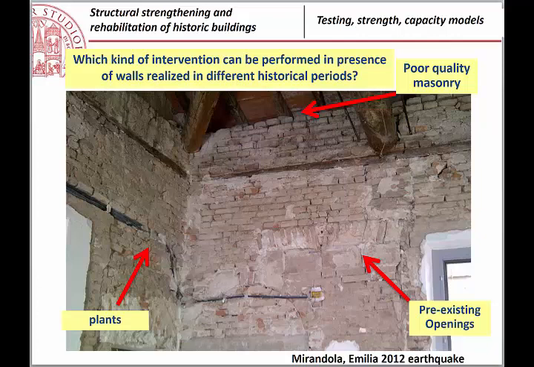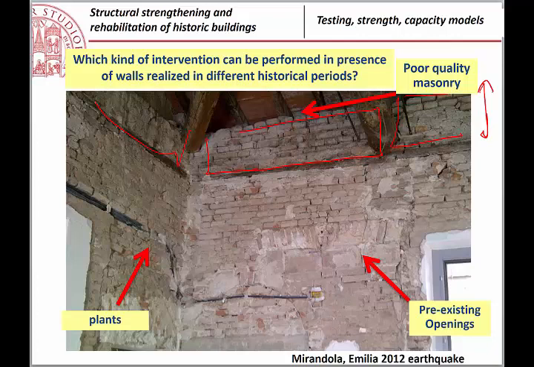typically we find uncooked bricks in the upper part of a building. Why? Because, of course, the uncooked ones were cheaper, and the upper part of the building is not important for structural reasons, so people used these bricks just to close the building.